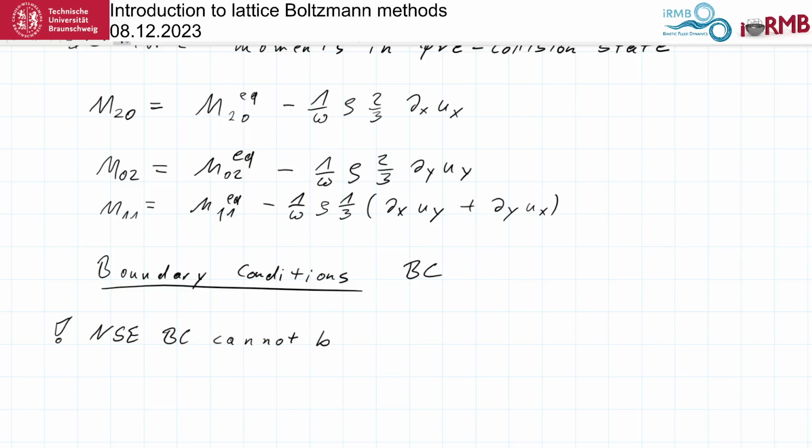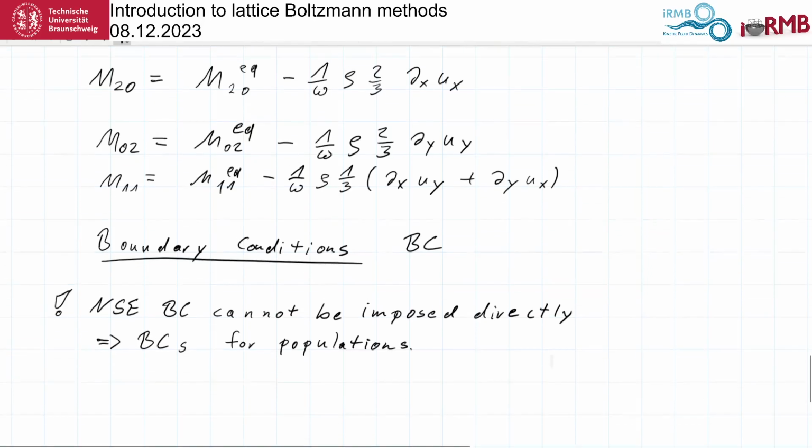Again, because we have more information to deal with, because we have the entire distribution to deal with, which means we have to set boundary conditions for populations. And it's usually easier to think about it this way, that we have to set boundary conditions for populations rather than for moments. Okay.